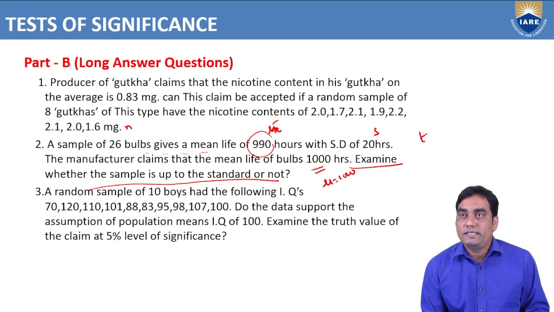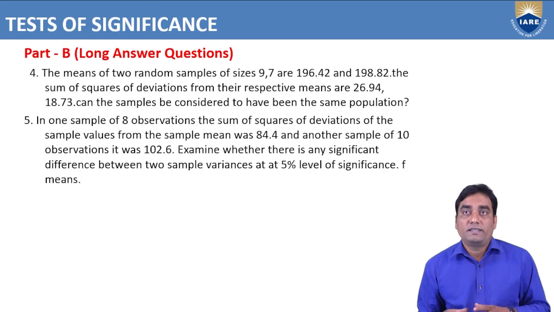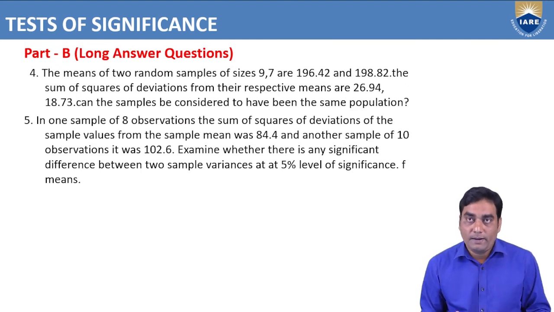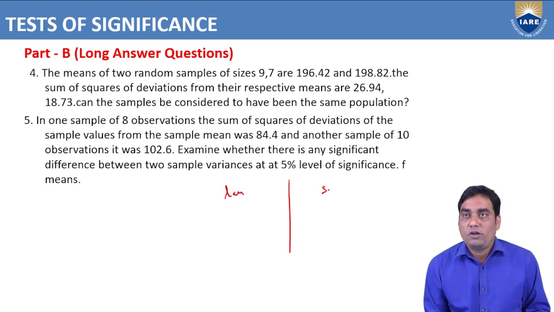So we can use the t-test by using the formula x bar minus mu by s by root n. Like that, we should identify which test is suitable for the given problem. How can we identify? Basically, we have two types, large and small samples.